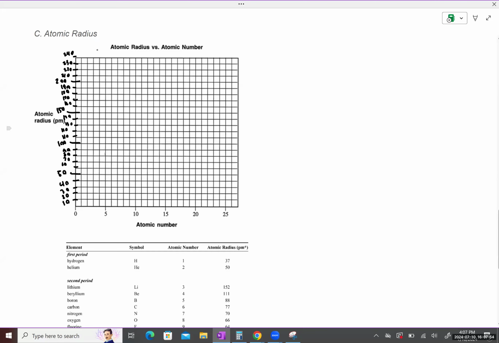We're making sure that our graph data points encompass a fair amount of the graph that we're generating.